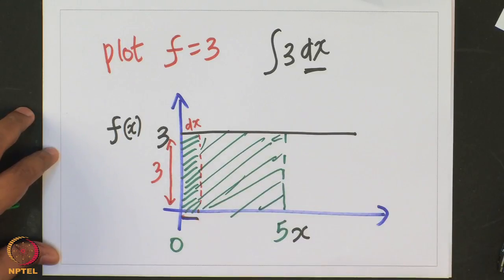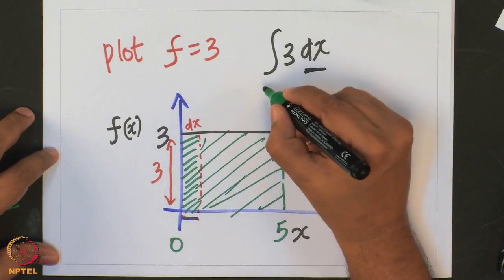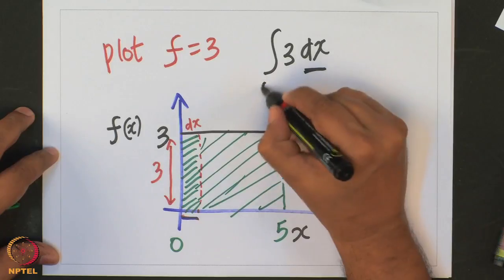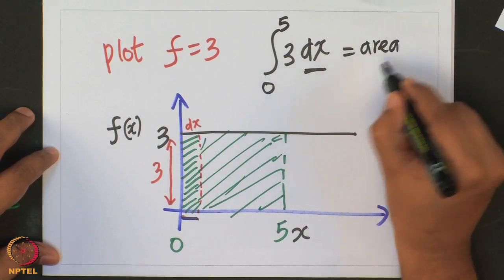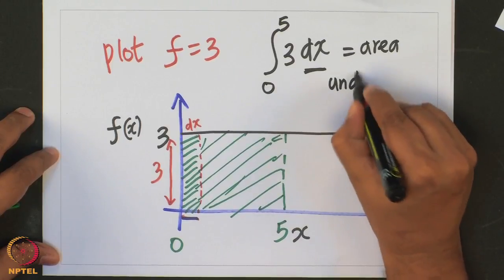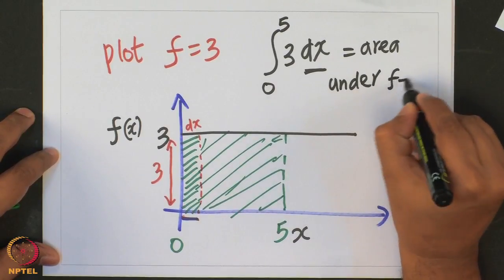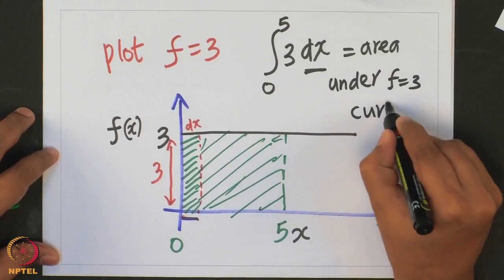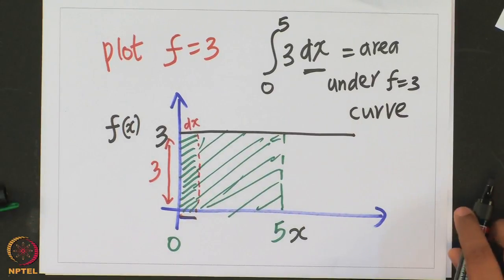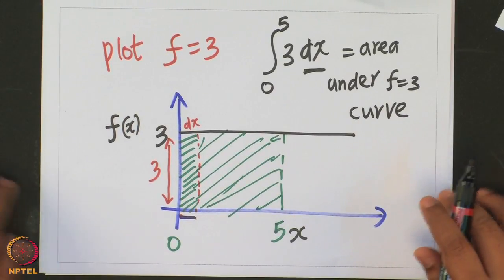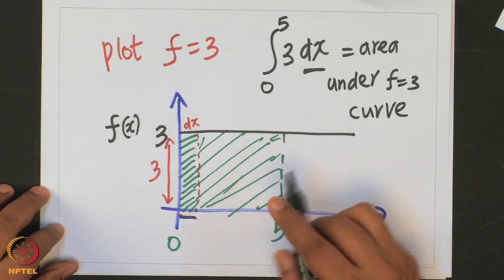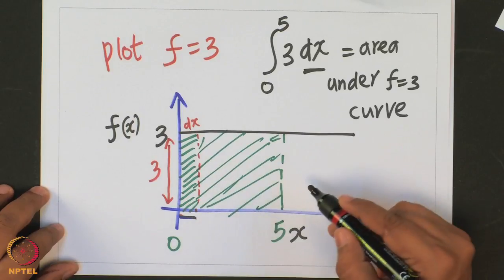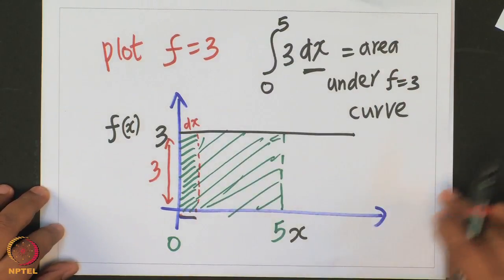This area is equal to the integral from 0 to 5. The claim here is that if we integrate this function f from 0 to 5, and calculate the area under this, it will be the answer for this integral.